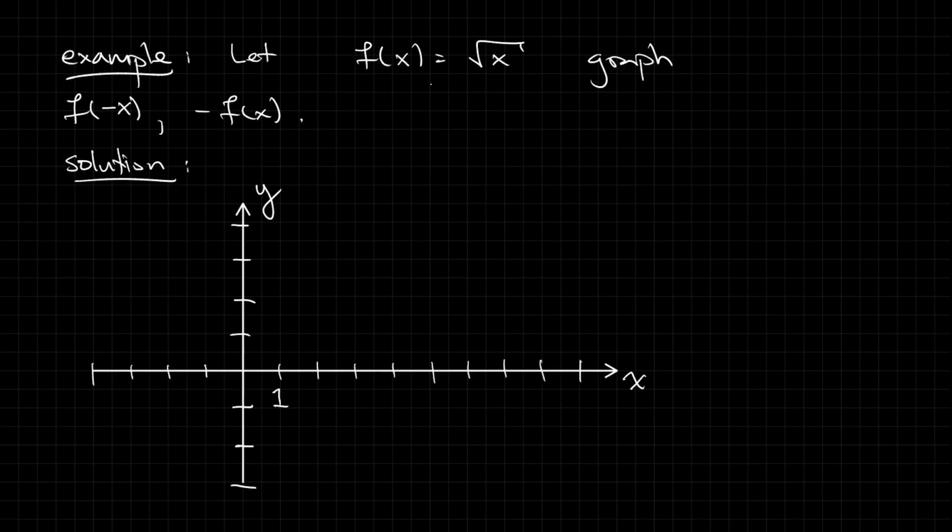Let's suppose that f of x is the square root of x. So we have one of our toolkit functions here. And what we're going to do is graph f of minus x and negative f of x. Now, in order to do this, the first thing that you have to be able to do is sketch the toolkit function. A nice way to sketch the square root function is to pick x values which are called perfect squares.